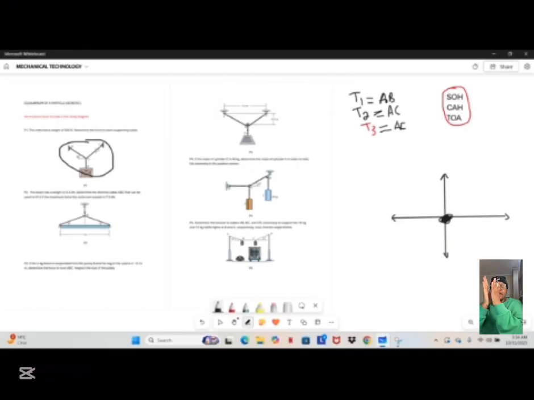The vertical components for the two points C and B should be CY and BY, and then BX and CX. I hope you understand.